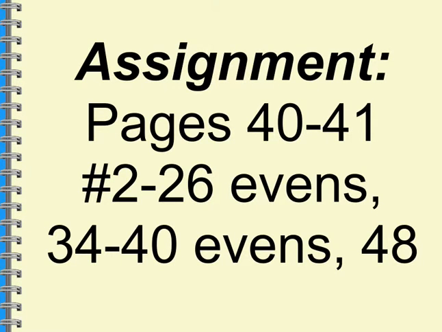On pages 40 through 41, 2 through 26 the evens, 34 through 40 the evens, and 48. What you can actually do based on what we just did in class is 2 through 10. So 2 through 10 is what we just got done doing in class.